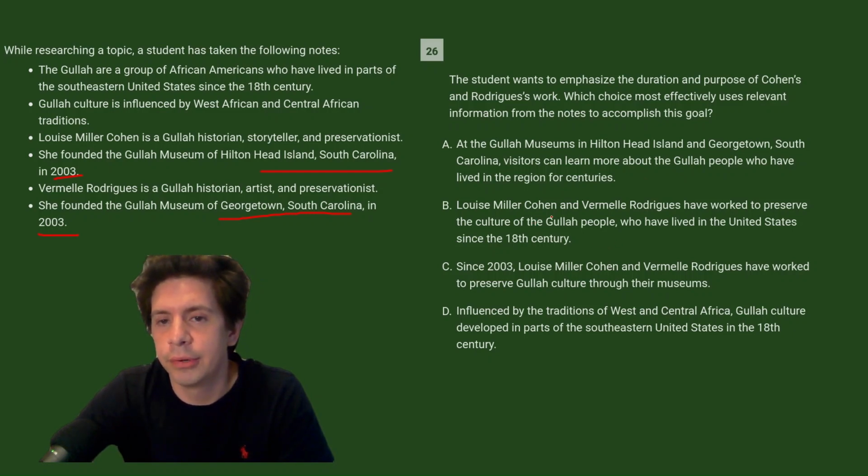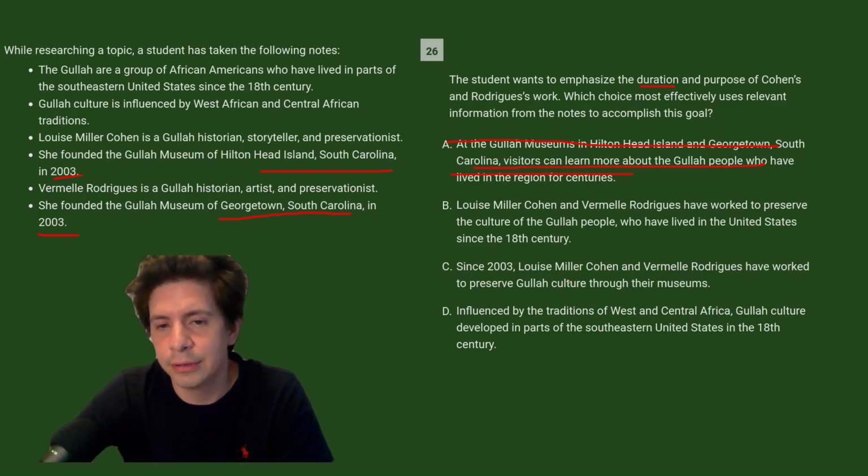Louise Miller Cohen and Vermelle Rodriguez have worked to preserve the culture of the Gullah people who have lived in the United States since the 18th century. All right, so right now maybe B is better, but A, they're still not great because we haven't really talked about the duration, right?